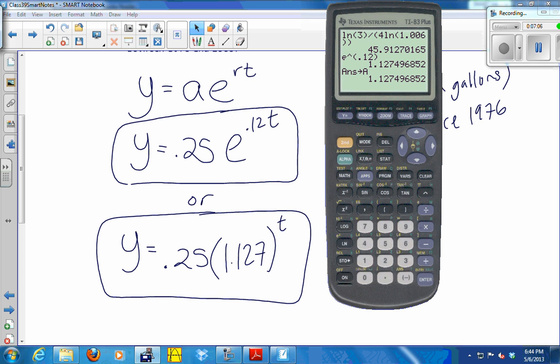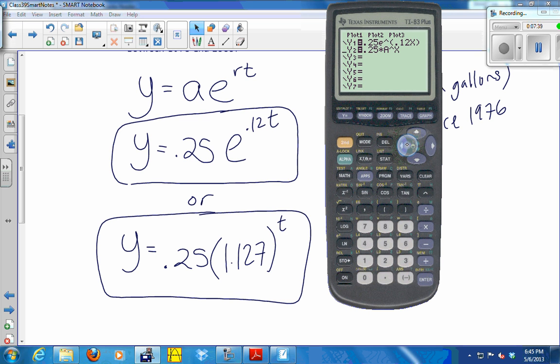Now whenever I type A, it's going to recall this number. So when I go to y equals, in y1 I'm going to put 0.25 e to the 0.12x. And in y2, so that I don't round, I'm going to use the number A: 0.25 times A to the x.